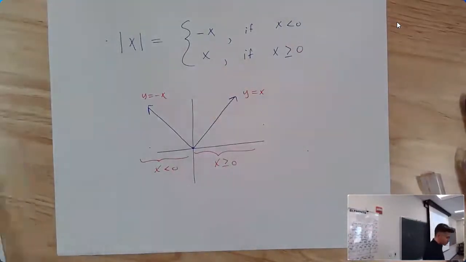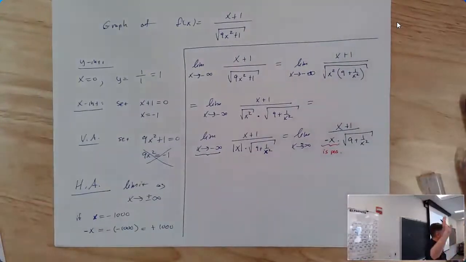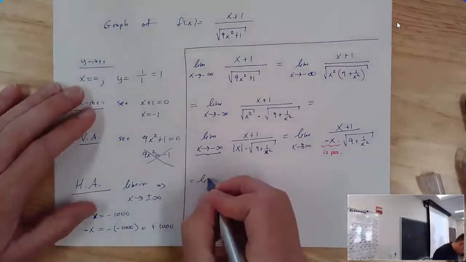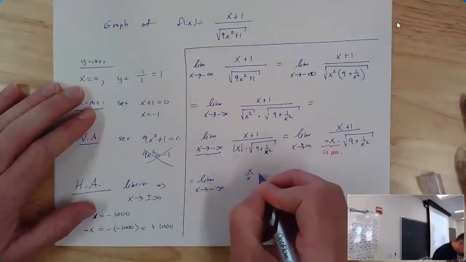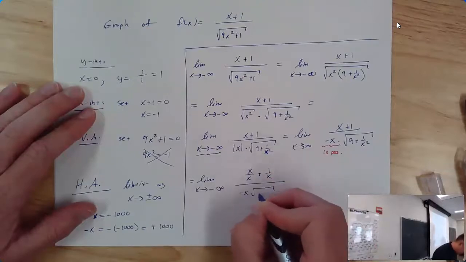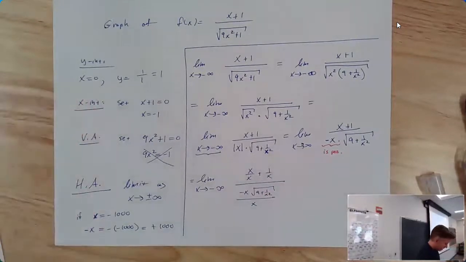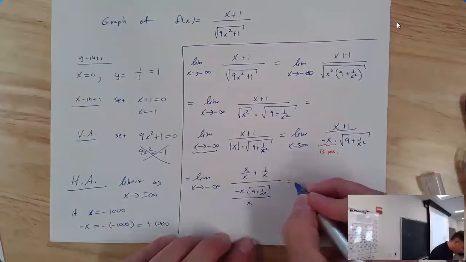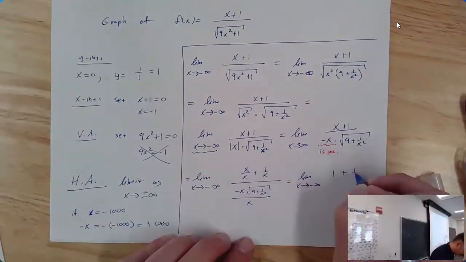That's what we're doing. Now we can do our divide everything by x to the highest power that's in the numerator and the denominator. So I'm going to divide everything by x. I'm going to have the limit as x goes to minus infinity of x over x plus 1 over x, all over negative x square root of 9 plus 1 over x squared, divided by x. X over x is 1. 1 over x is just 1 over x.